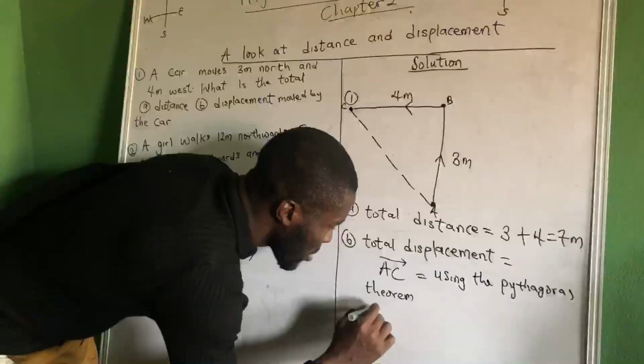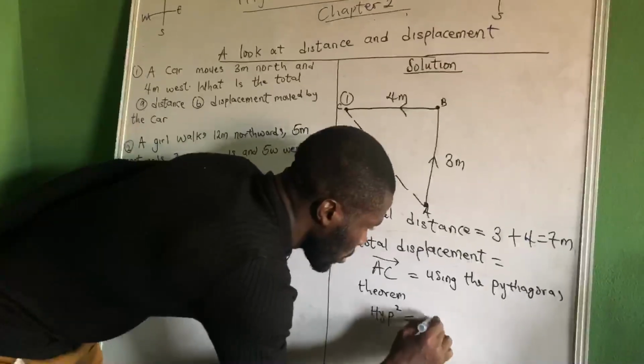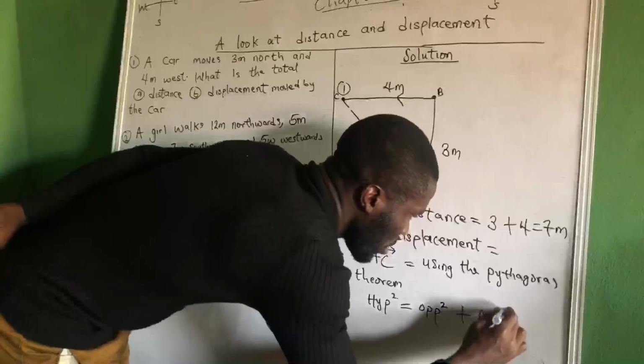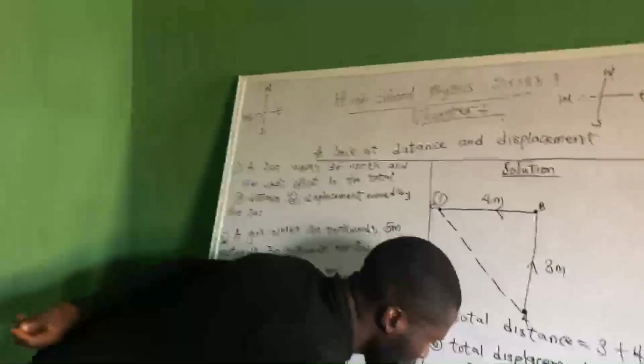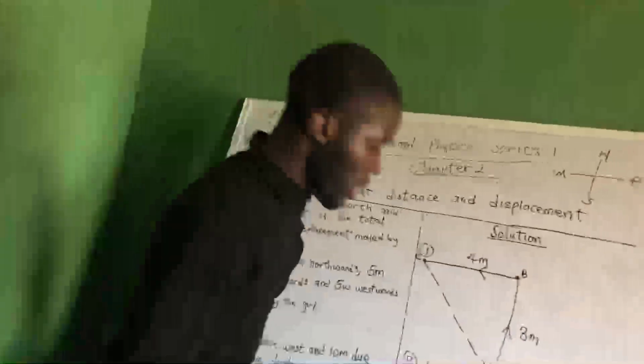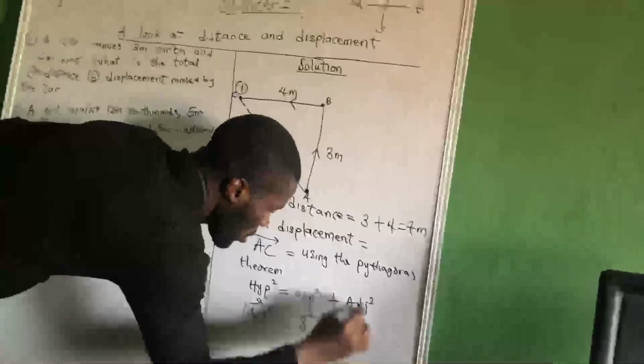If you remember, that is hypotenuse square equals to opposite square plus adjacent square. Now, our hypotenuse is AC. So we say AC square equals to 3 square plus what? Plus 4 square.